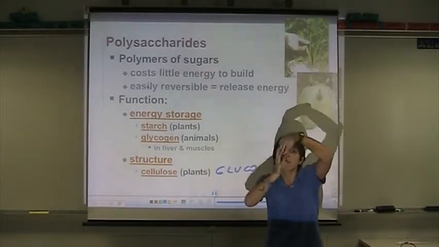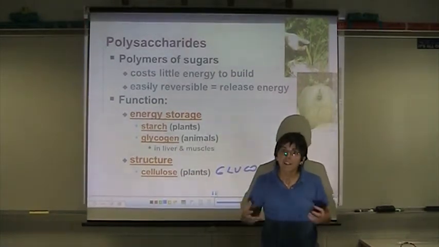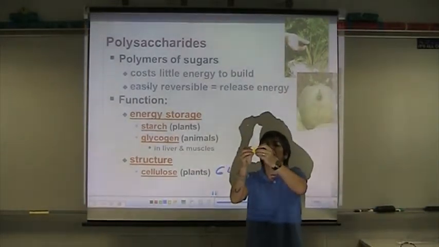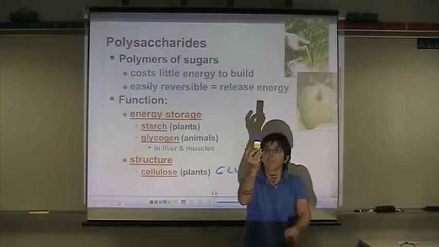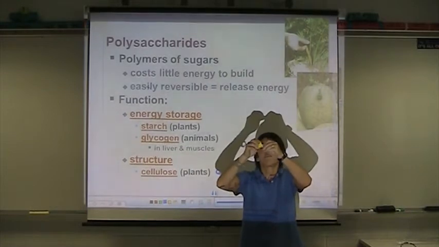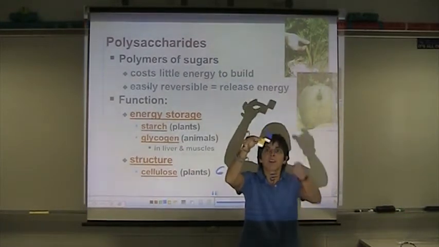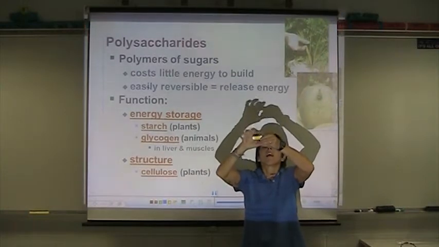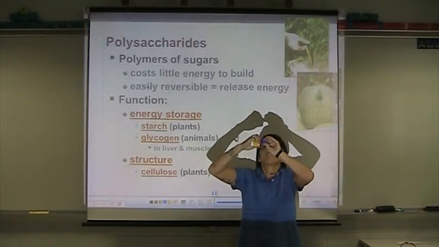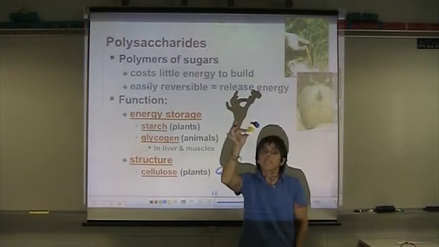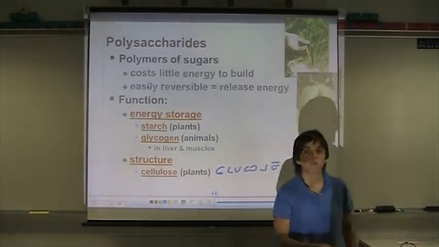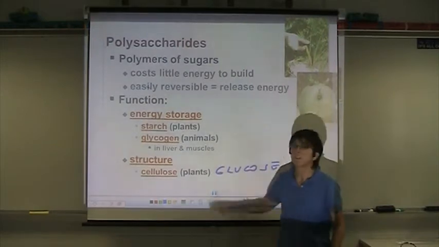The way the glucose molecules are connected is what makes these molecules different. You can connect them all like this, or you can connect them like that, or I can get fancy, and connect them like this. Same basic component, it just depends on how you organize it, you're going to end up with different molecules.